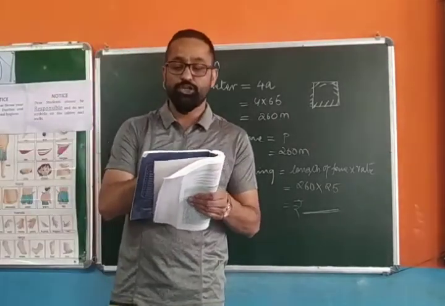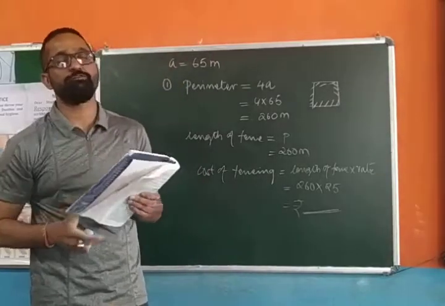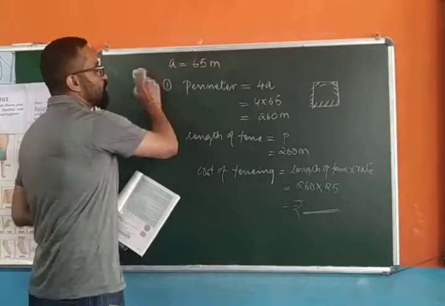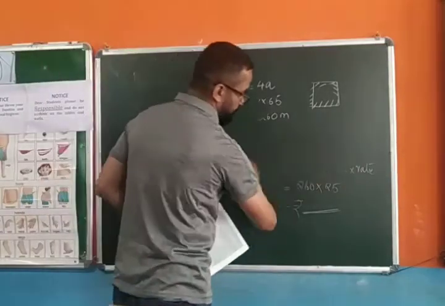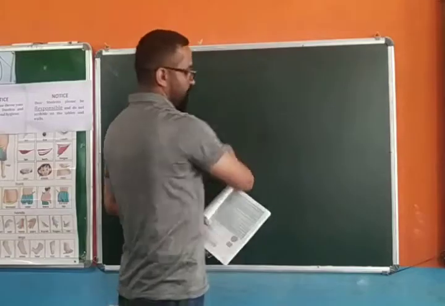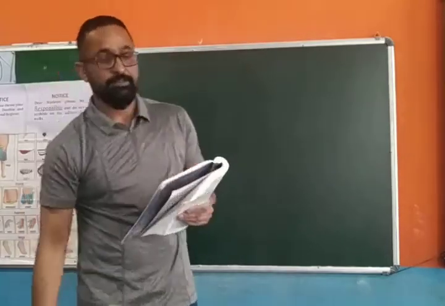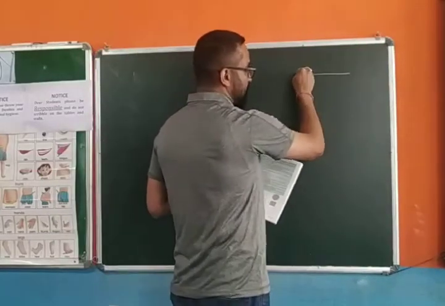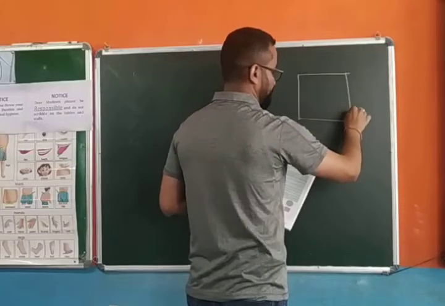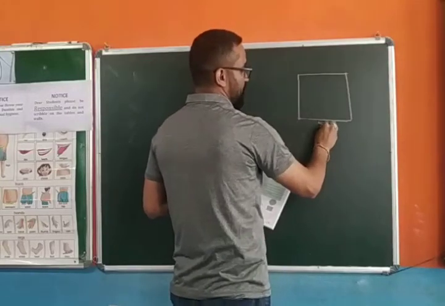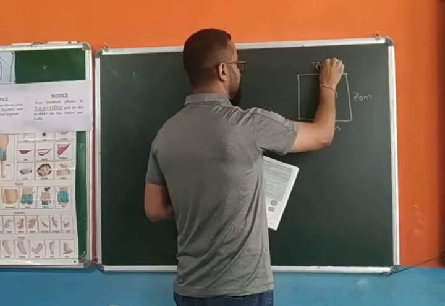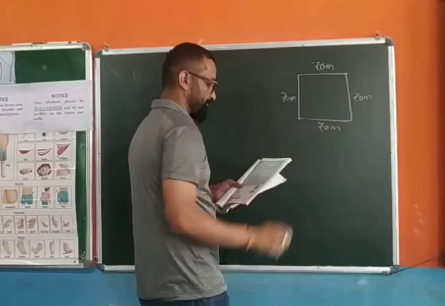Similarly, you have question number 11. This is slightly confusing. You need to read the question properly and then solve it. Question says that each side of a square field is 70 meter.